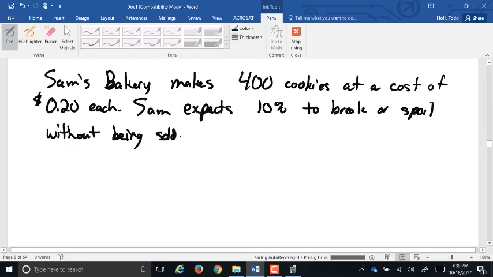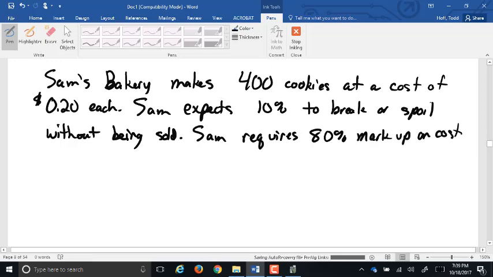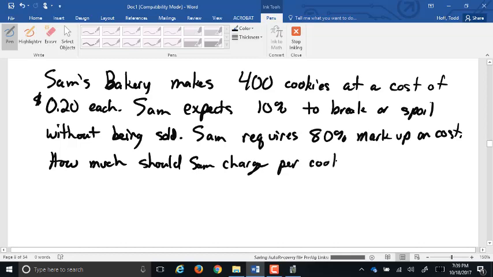Can't sell a broken cookie, right? Sam needs an 80% markup on cost. How much should Sam charge per cookie?